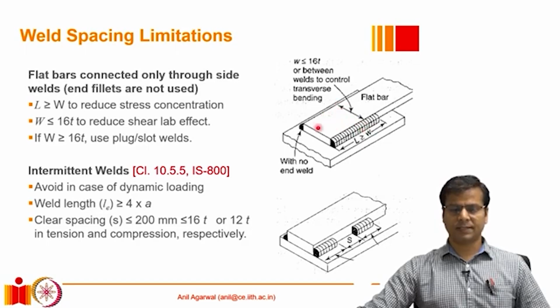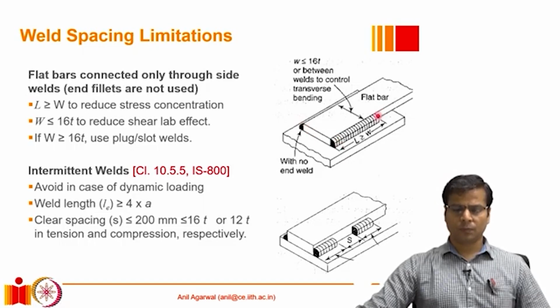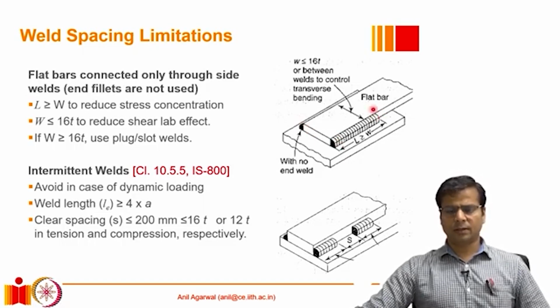That is, width of the plate is actually governing the spacing of the 2 fillets which are resisting the load. This is basically required to reduce the stress concentration. If this weld is very small in comparison to the width, the edges of this weld will be under very high stress. Therefore, at least a certain length of the weld is provided so that those stress concentration at the edges can be minimized.